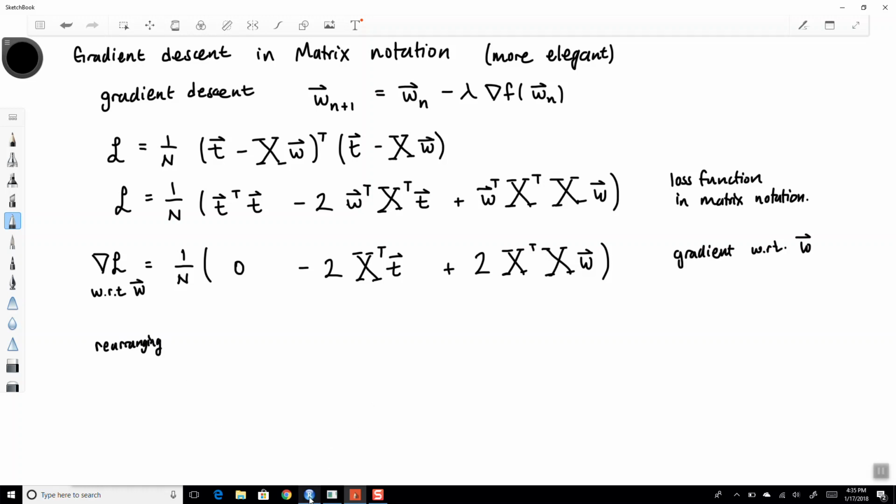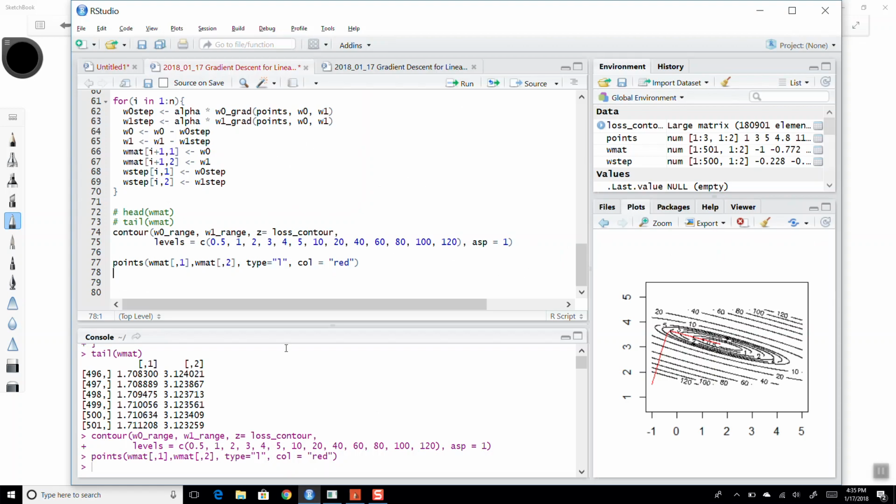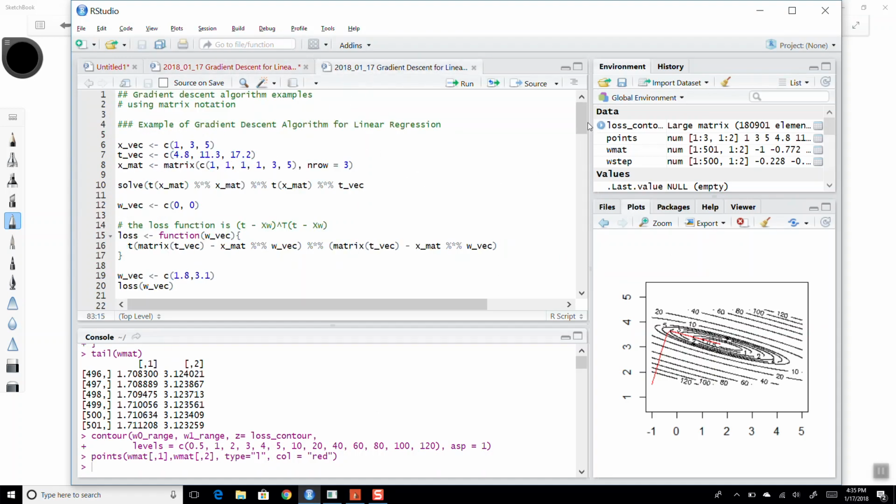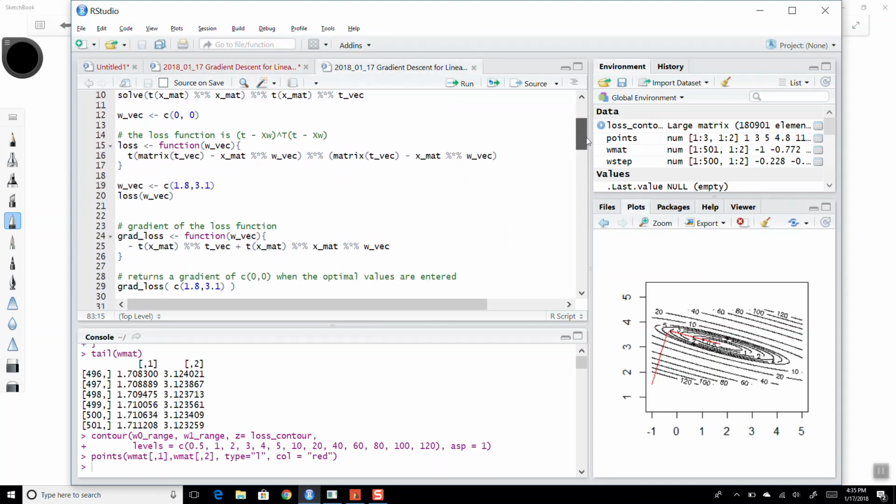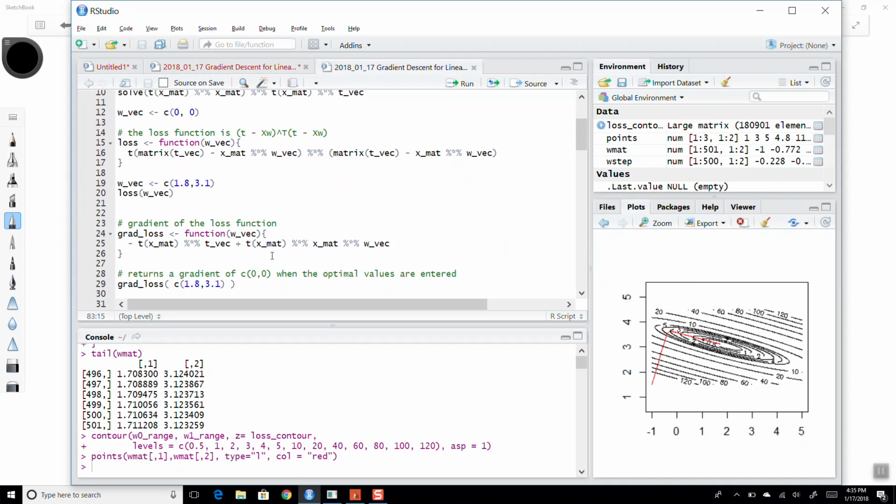Let me take a quick peek so that when I look at the code, the gradient looks exactly the same. Okay, negative X transpose T plus X transpose XW.